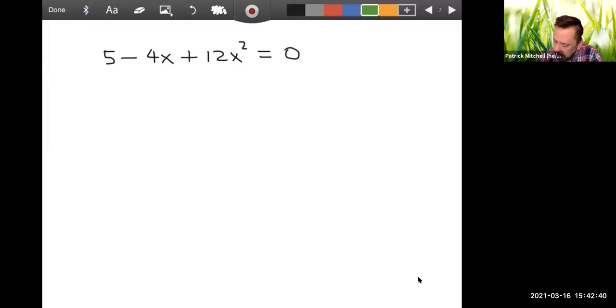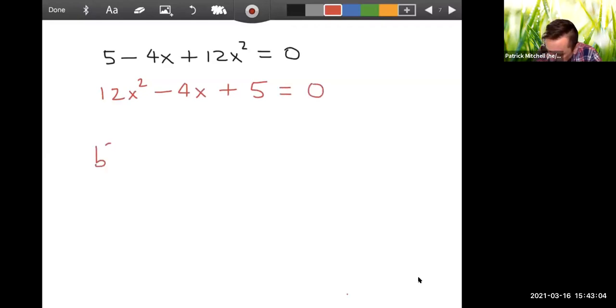All right, here's that equation. Notice that it's not exactly written in standard form. So just to be extra careful, I think I'll write it like this: 12x squared minus 4x plus 5. Okay, and because it was just asking for the number and type of solutions, all we have to look at is b squared minus 4ac.